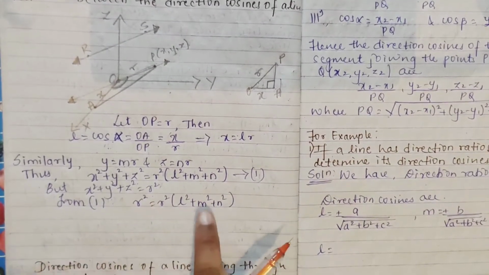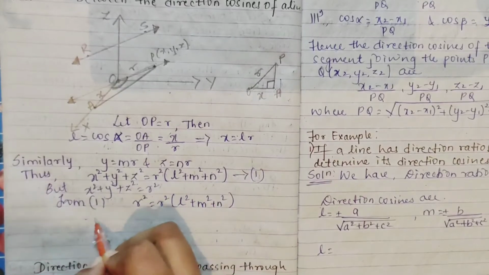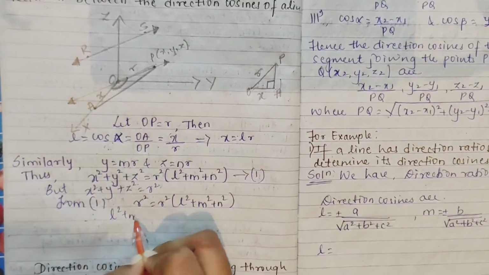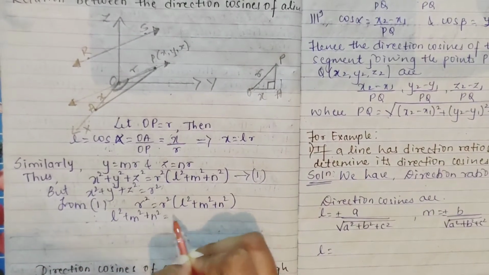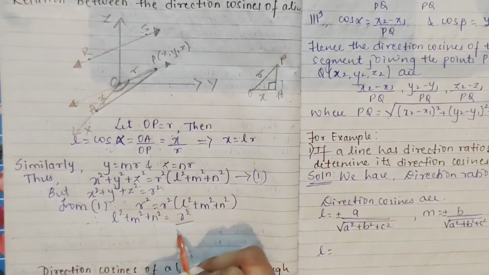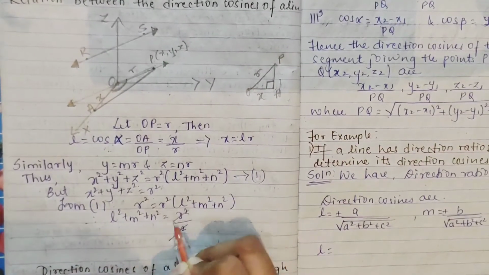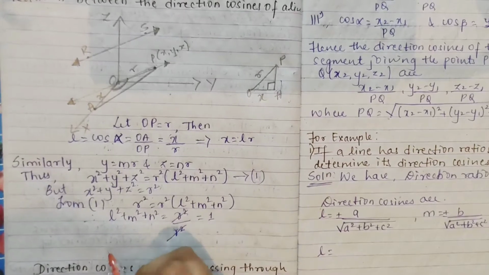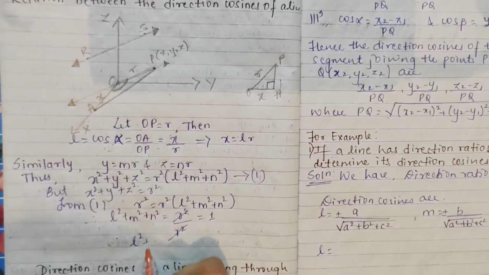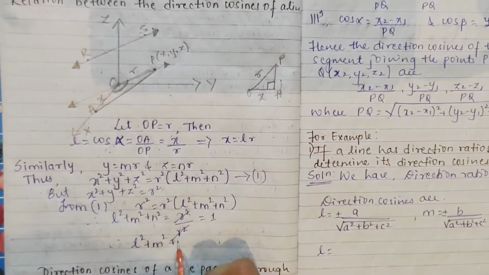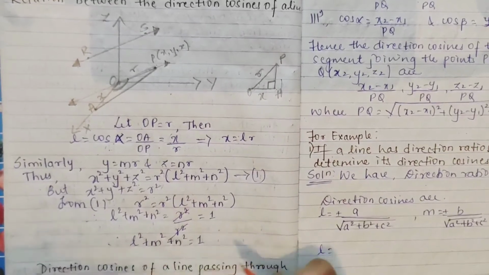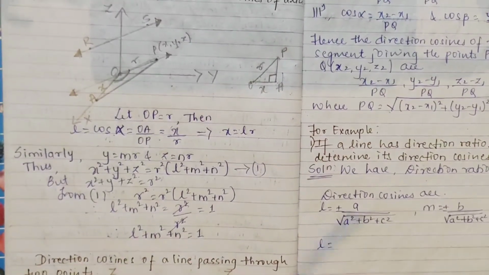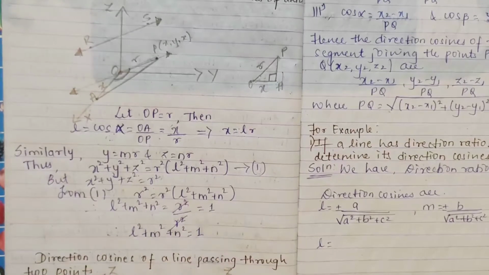Now L square plus M square plus N square is R square divided by R square. So R square and R square cancel, so you are getting 1. Therefore L square plus M square plus N square is equal to 1. This is the relation between the direction cosines of a line.